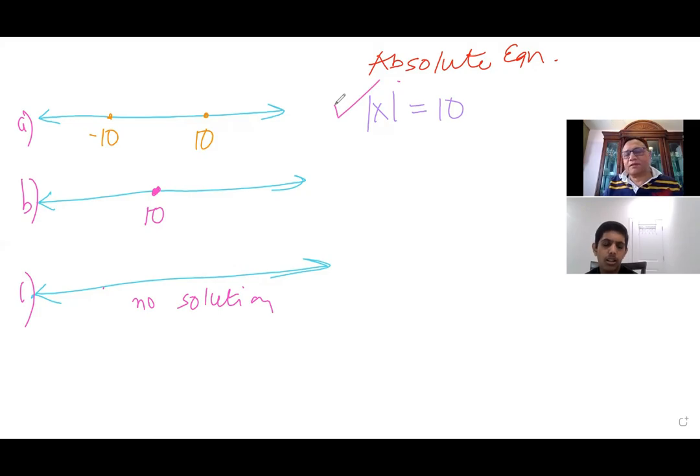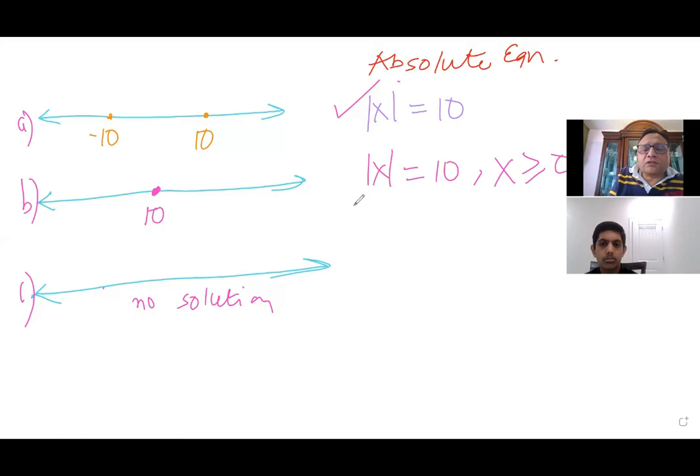For B, I think you have to restrict the domain, actually greater than 0. You could do that. A good question. So you could say absolute value of x equals 10 where x is greater than or equal to 0. So you restricted the domain to find the equation. Beautifully answered. But here is another way we could do it.